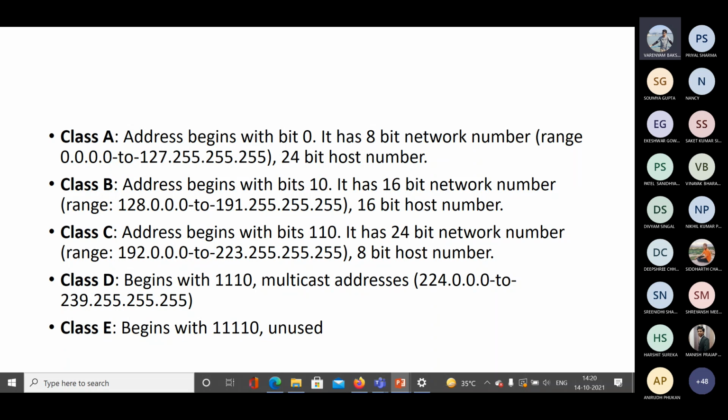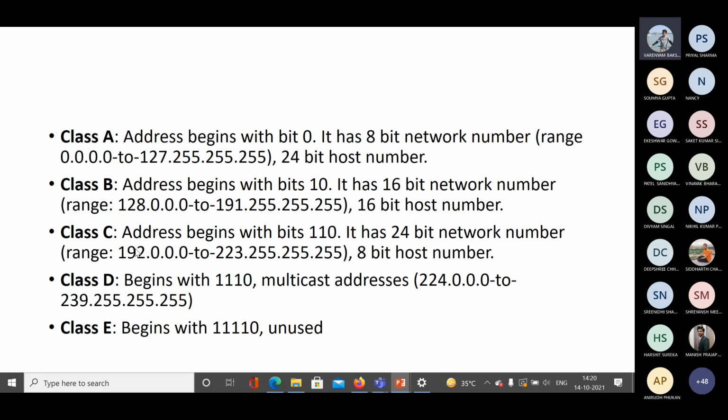So this is just an explanation of what I just told you: your class A addresses will begin with 0 as the first bit, and then you have the rest of the 7 bits as the network part, making the total 8 bits of the first byte. So these 8 bits basically form the network part, and the rest of the 24 bits form the host part. For class B, your addresses will begin with 1 and 0, and you have a 16-bit network part and a 16-bit host part.